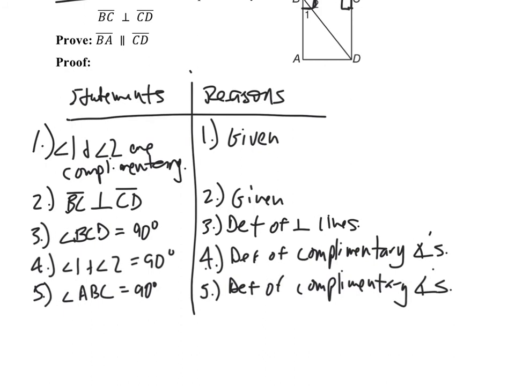The reason I'm adding them in step 6 is that I want to show that they add up to 180. So I'm going to say that angle BCD plus angle ABC is equal to 180 degrees. The reason I can add those two angles is the angle addition postulate.